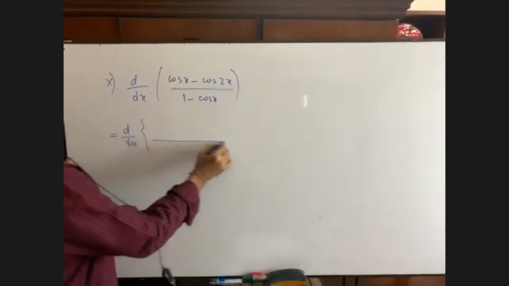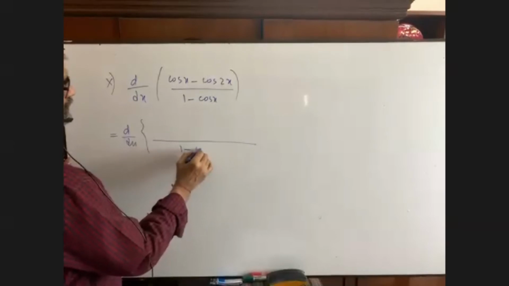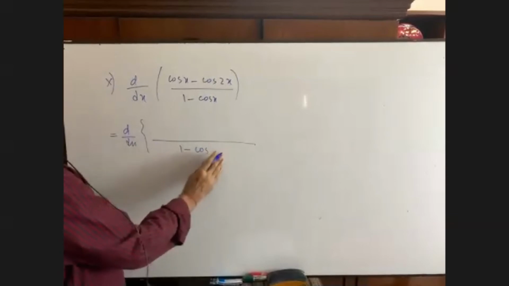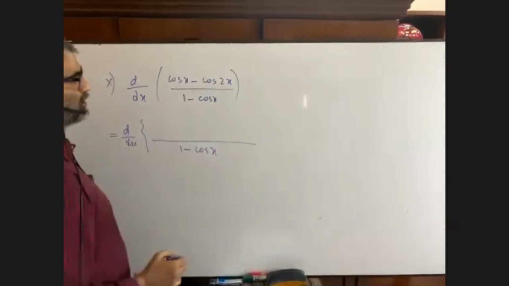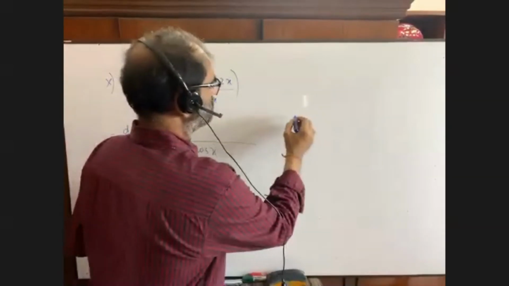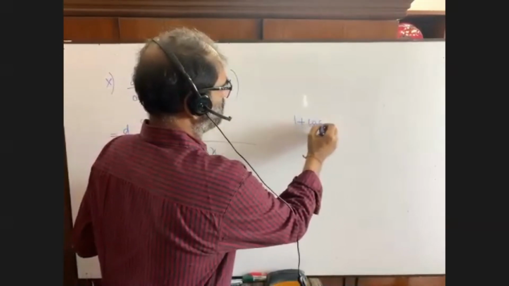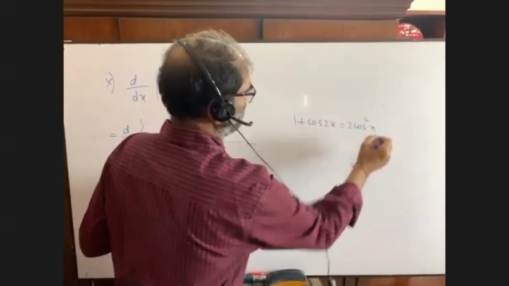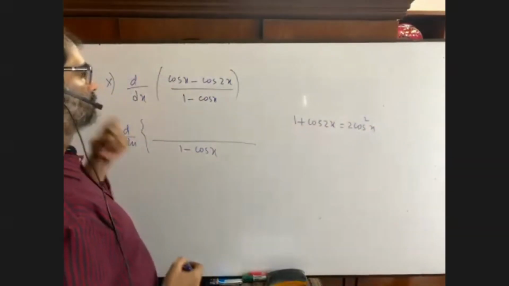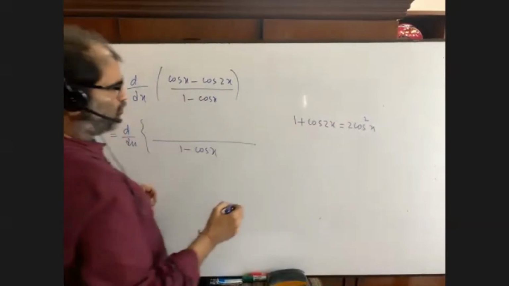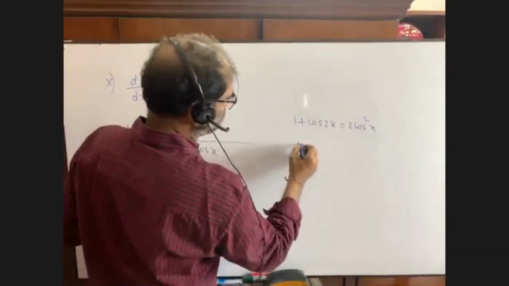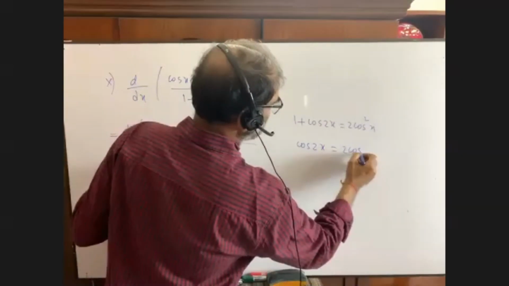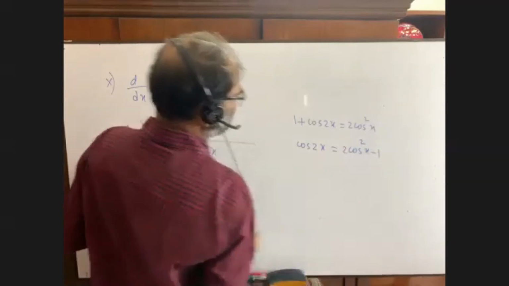What is the formula of cosine 2x? Let me know regarding cosine 2x. 1 plus cosine 2x equals to what? Am I right? Is it? That means cosine 2x equals to 2 cos square x minus 1.